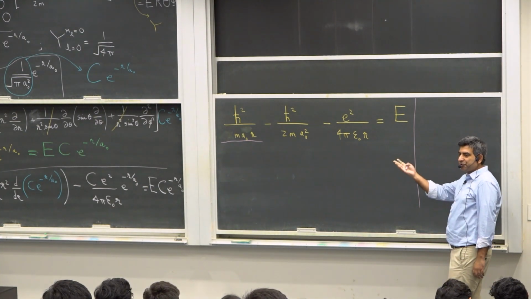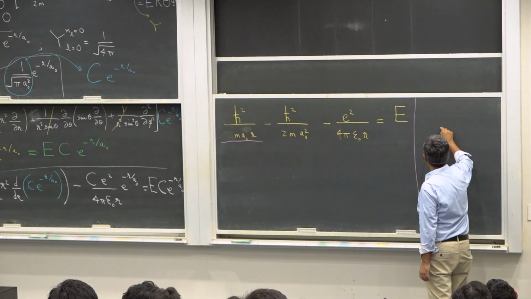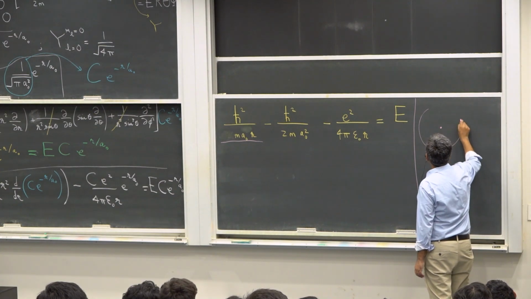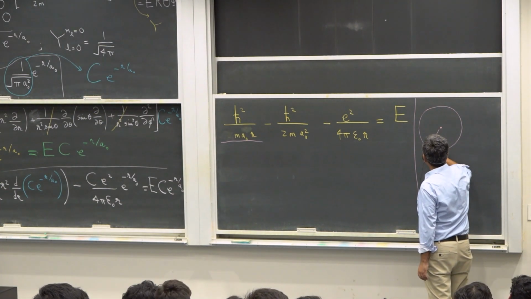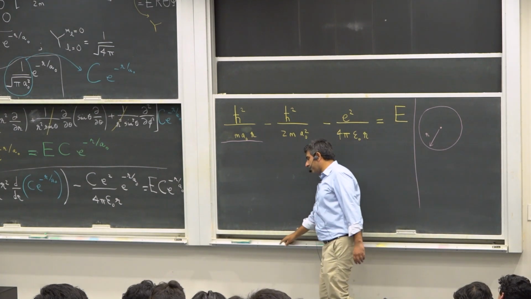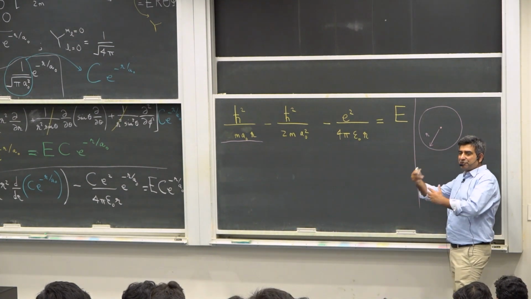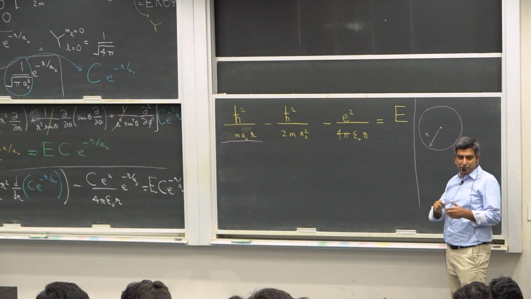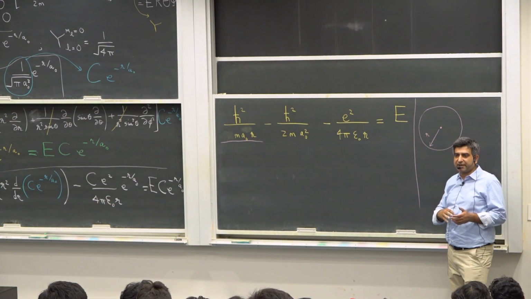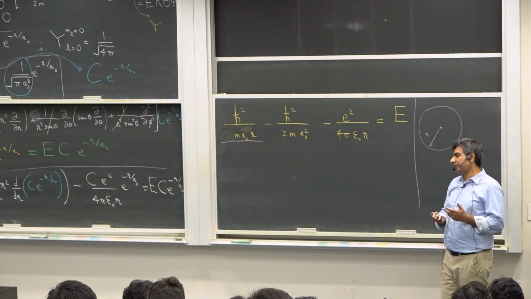This is from the pre-Schrödinger time, pre-wave function time. So what Bohr did, he looked at the nucleus, he looked at the electron that goes around the nucleus at a distance r. The mass of the electron is m, and he believed that the rotation of the electron around the nucleus was due to the electrostatic interaction, and that electrostatic interaction provided the centripetal force.